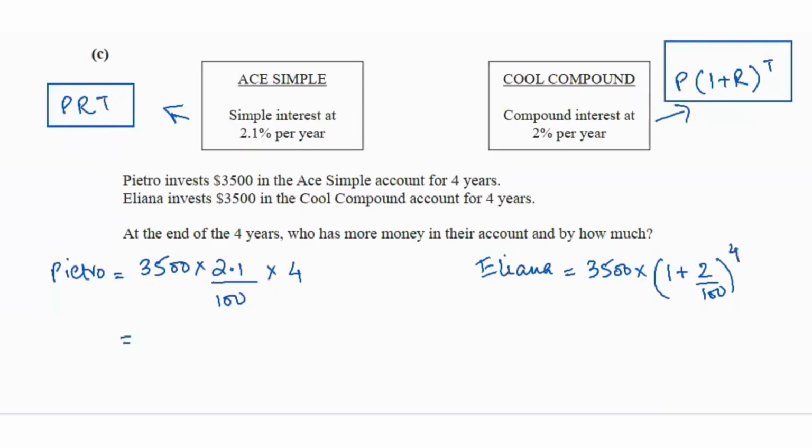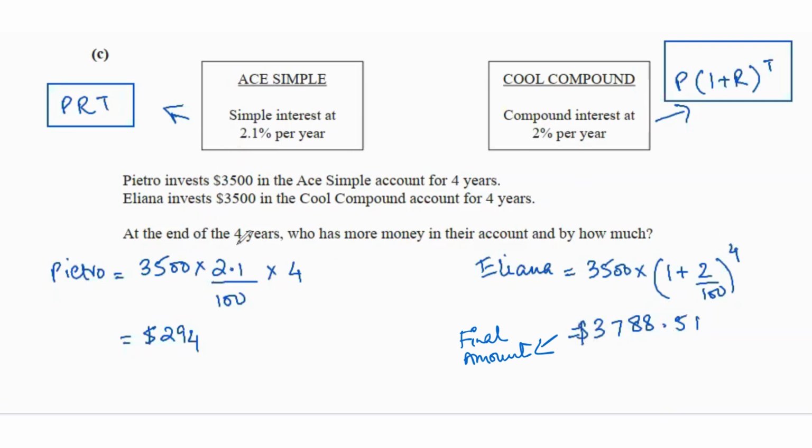So going back to the calculation, for Petro it's 3,500 times 2.1 times 4 divided by 100, which is 294. So this is the interest amount for Petro. And for Aliana, $3,788.51.